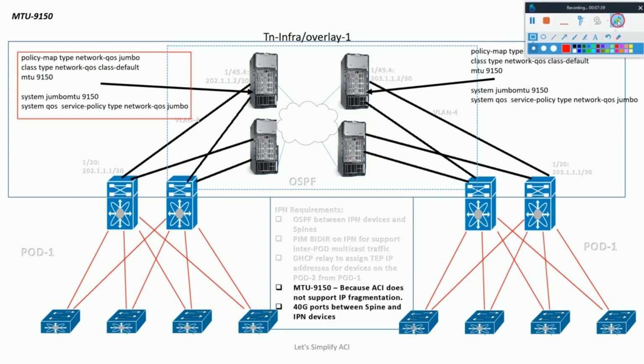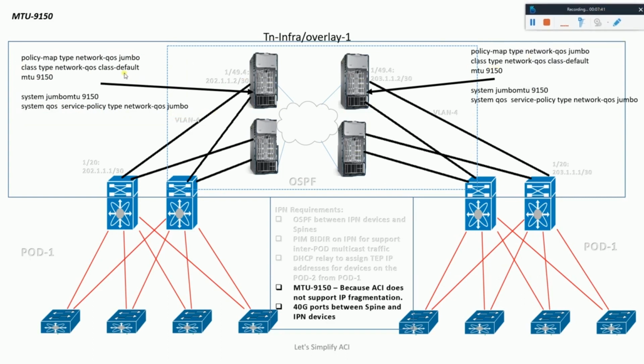We can do this on both devices, the IPN 1 side and the IPN 2 side. So MTU 9150 has been implemented, because ACI does not support IP fragmentation. That is the reason why we are configuring jumbo frames throughout the environment. These links are already 40 gig ports between the spines and the IPN devices.